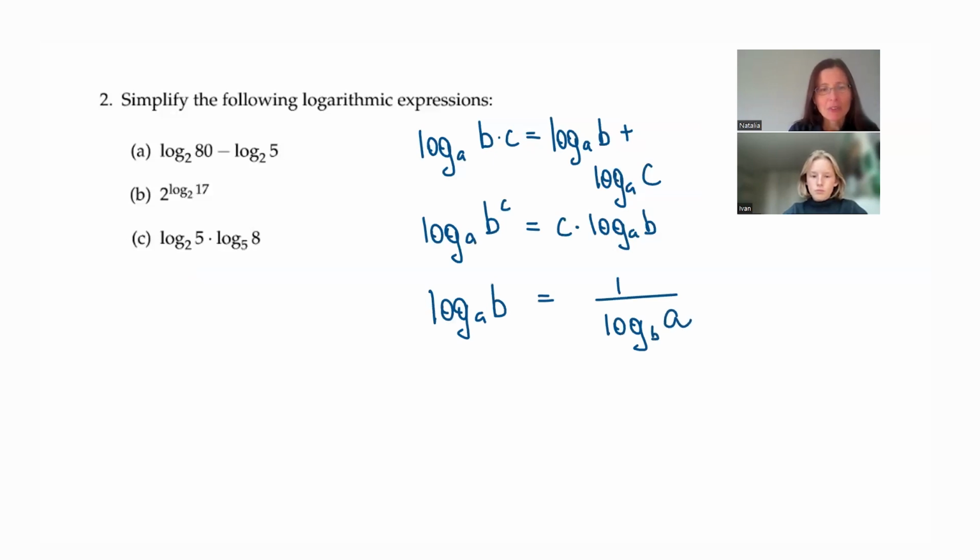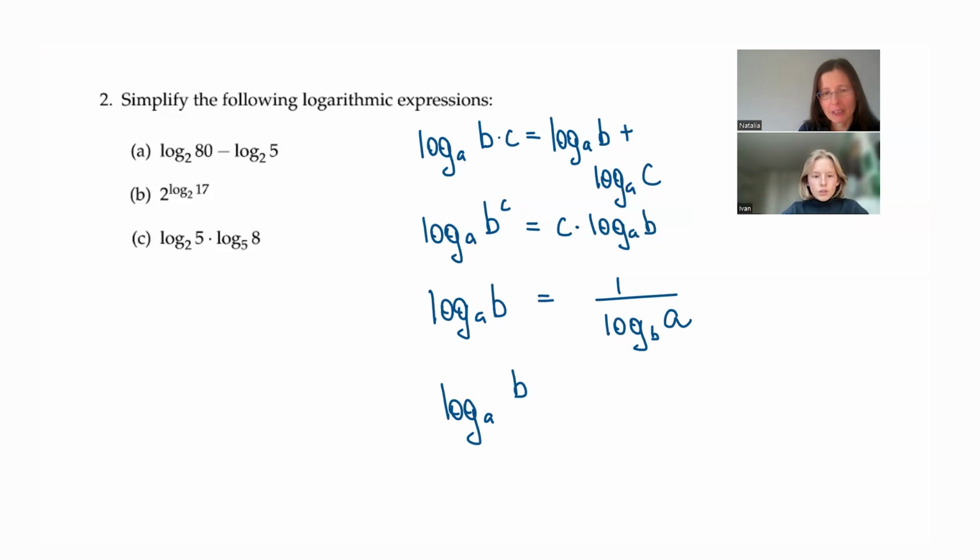All right, now we'll do the examples here. Let's look at the first one. We have log base 2, both of them. And actually, we also didn't write the quotient rule. We could have used that one as well. We will do it two ways. We can do it by splitting, or we can also do the quotient rule here.